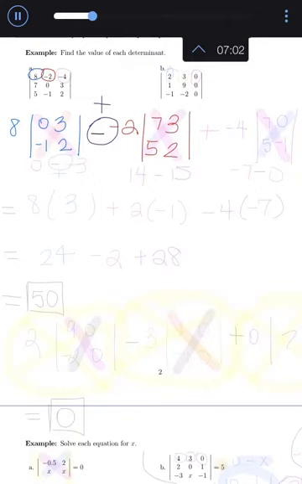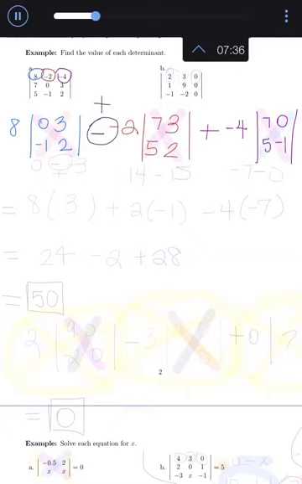Our last piece is always a plus, except notice that we already have a -4 that's supposed to be in front of our last matrix. Again, we'll delete -4's row and column, leaving us to multiply by the determinant of the matrix 7, 0, 5, -1.